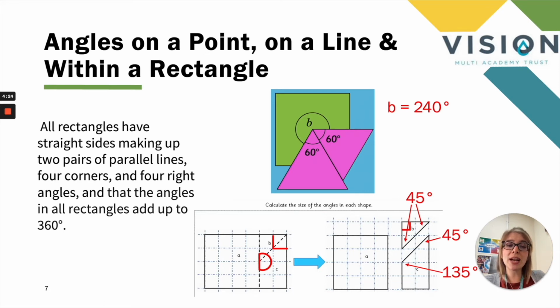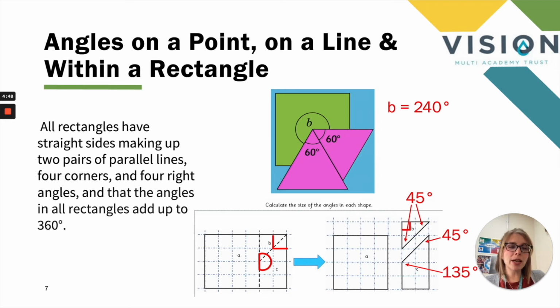We want to find out what angle B is. We know that angles within a square or within a rectangle or around a central point will be 360 degrees. So we have our 2 60-degree triangles, which we add together to give us 120. We need to subtract it from 360, so we can see that angle B is 240 degrees.